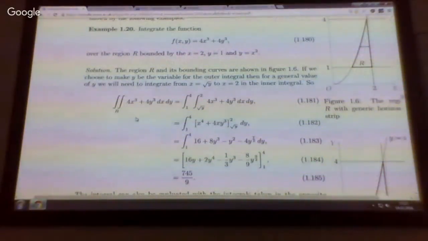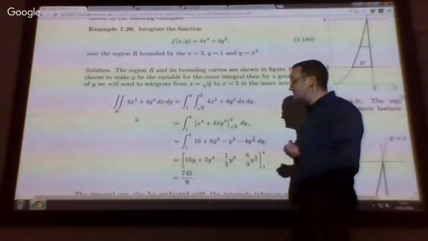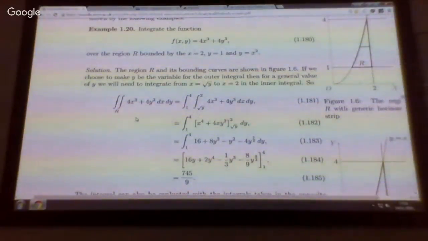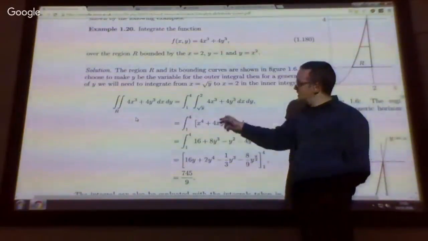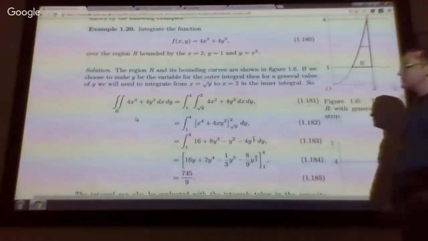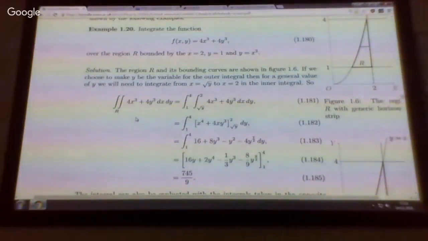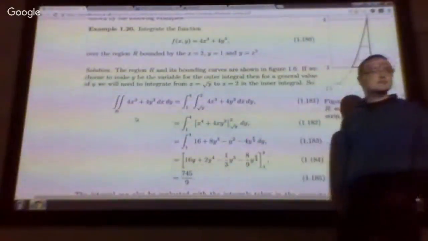So once we've decided on that, we have our pair of nested integrals, so we can go ahead and integrate it. Now the inner integral is with respect to x. You're treating y as a constant, so the inner integral becomes x to the power 4 plus 4xy cubed. Then you need to evaluate that at the given limits, at the square root of y and 2.